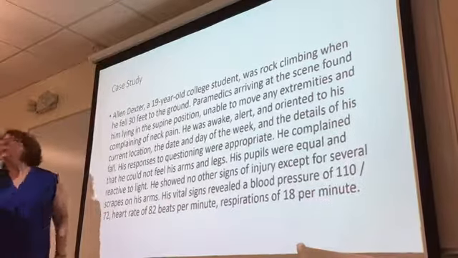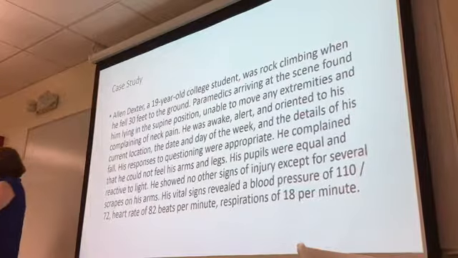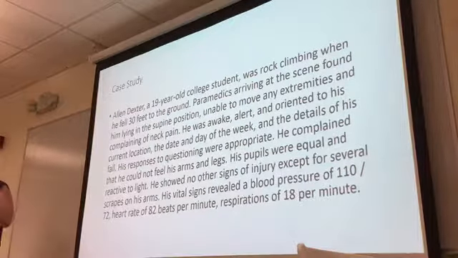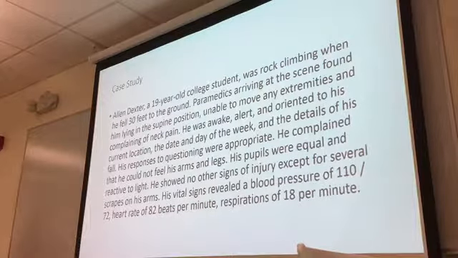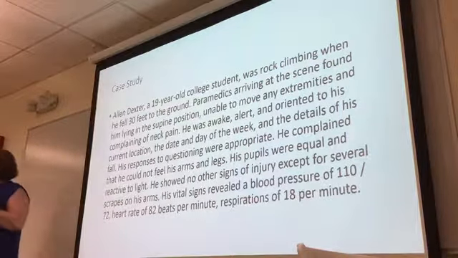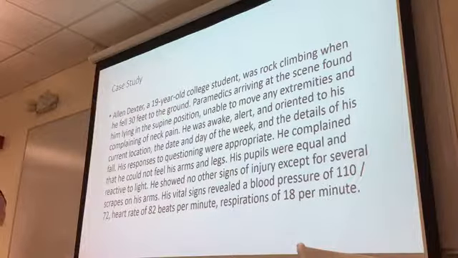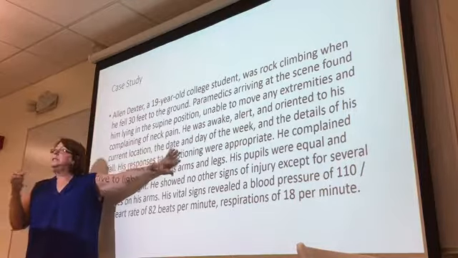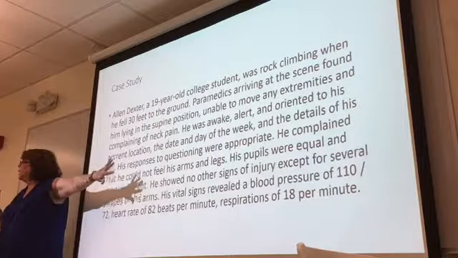But the other thing is any high-speed motor vehicle accident, any airbag deployment, any sporting accident with impact where the neck is twisted, multiple trauma, the assumption is spinal cord injury even if they can feel. Because a vertebra could be fractured and it didn't sever the spinal cord.